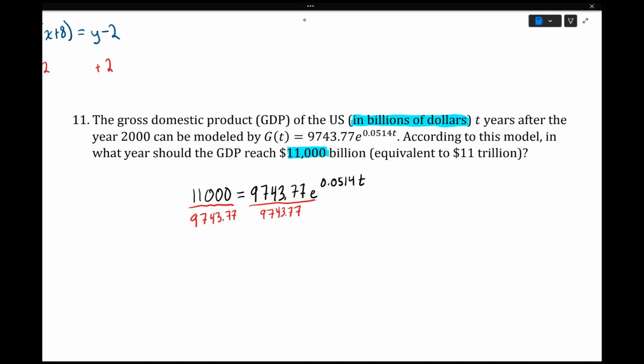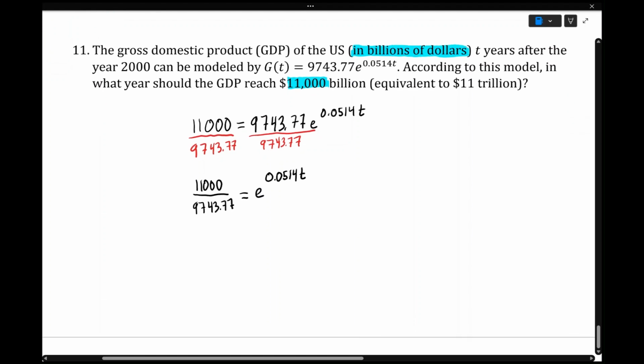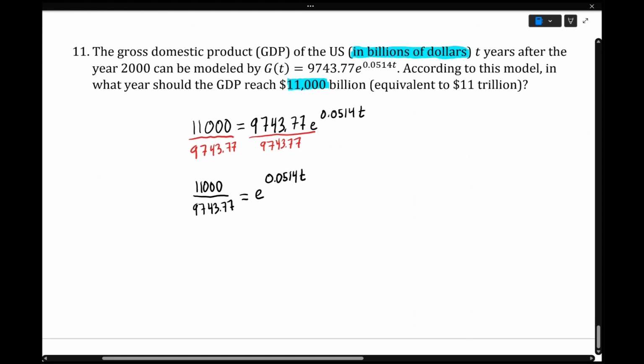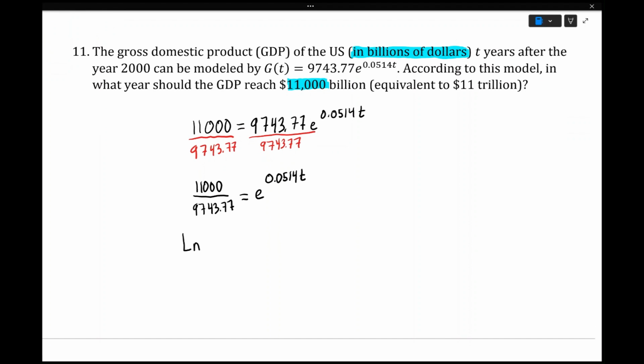Now, I'm going to need a calculator to figure out that division, but I know it's going to be weird. So instead of putting a weird number in here, I'm just going to leave it as 11,000 over 9,743.77. And think of it as I'm saving that division for later. I know it's weird. I don't want to deal with the weirdness now. This is a way to help make sure our answers are more accurate. This prevents rounding errors. So now I'll take the natural log, I'll switch this to its logarithmic form.